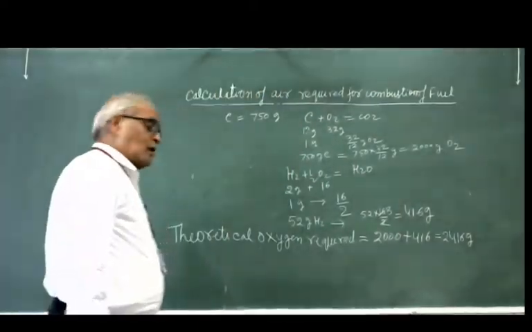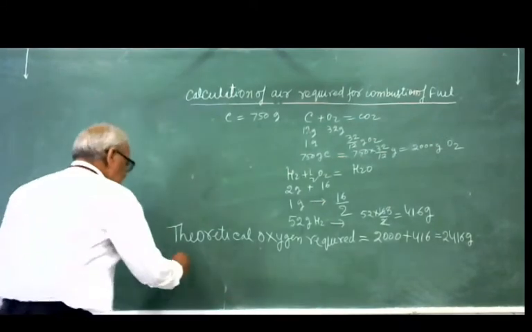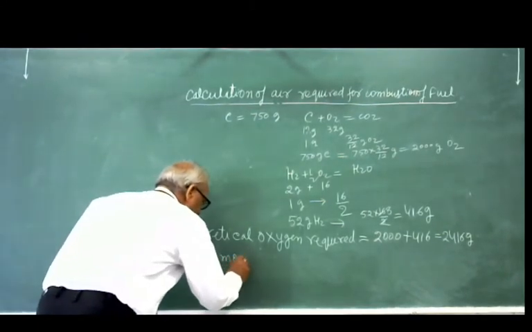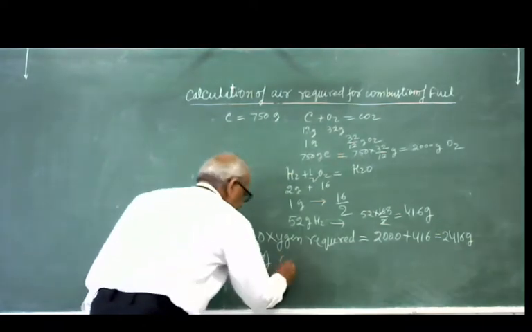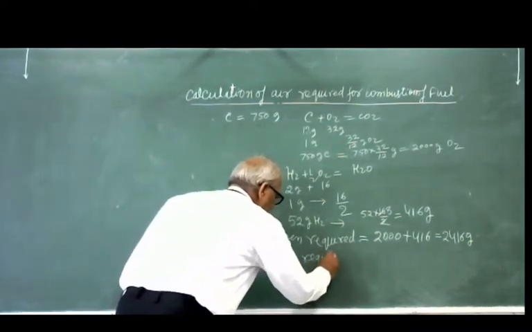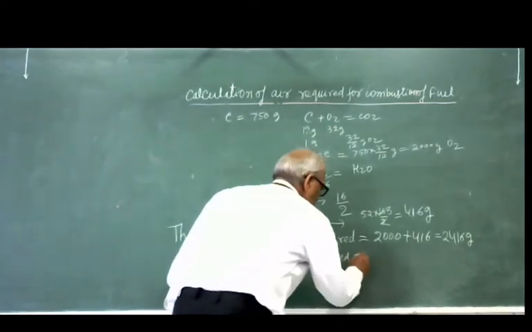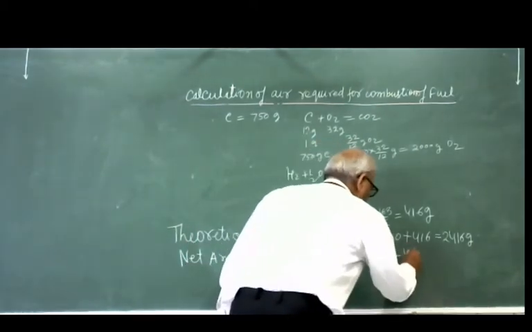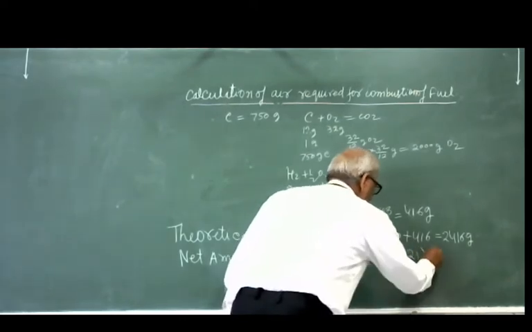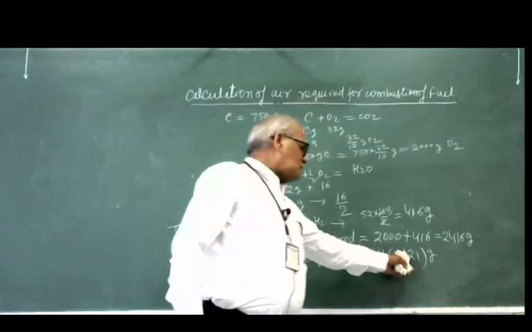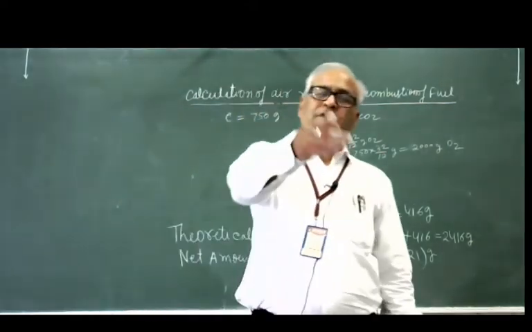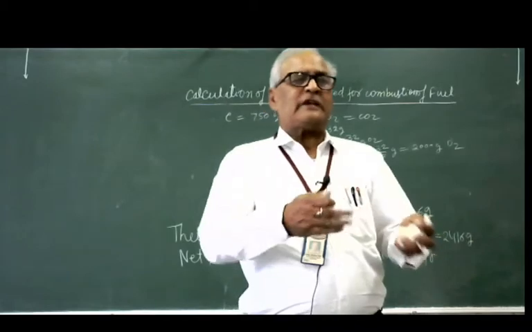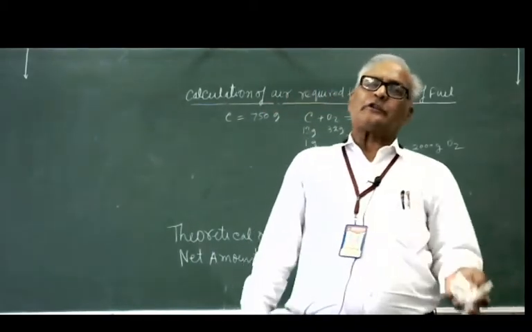So the actual, which is called the net amount of oxygen required, is equal to 2416 minus 121 gram. 12.1% of the oxygen is present in the coal, which means in 1 kg coal it is 121 gram of the oxygen.